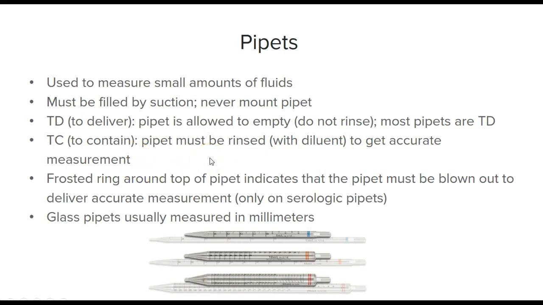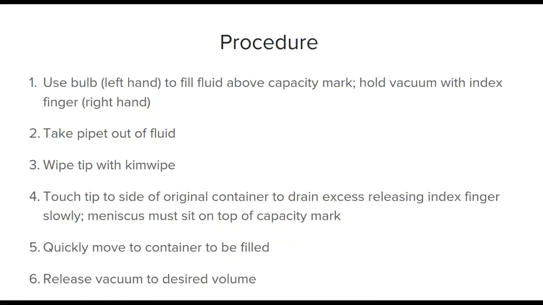The frosted ring at the top indicates that the pipette must be blown out so that you get the right amount. And these are serologic pipettes. Glass pipettes are usually measured in millimeters. The long glass pipettes are in milliliters.